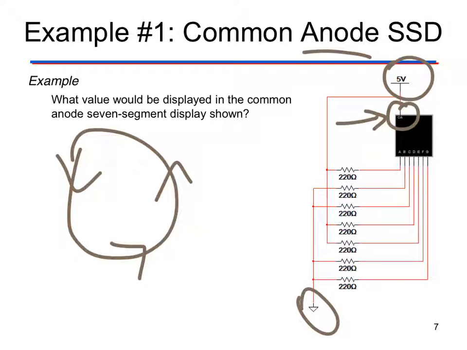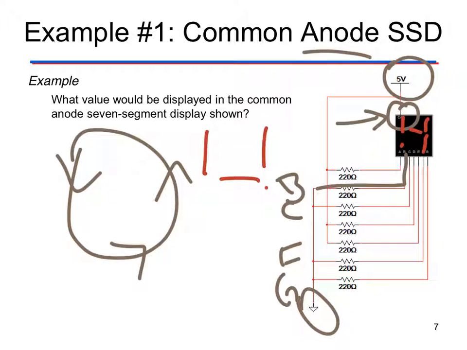Here's ground here. You can see that segment B is grounded, so is segment C, not D, not E, but F and G. Alright, so let's see what this might look like. This is B, this is C, this is F, and that's G. So it should look like a 4.